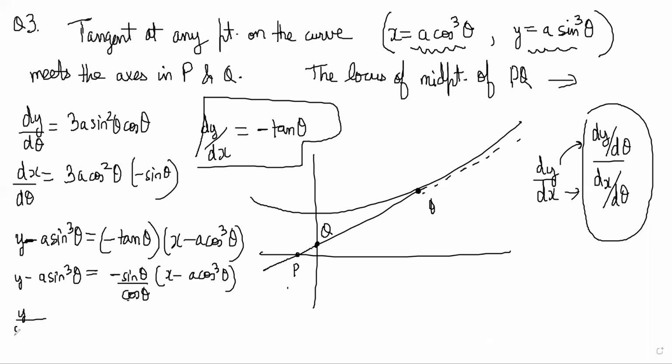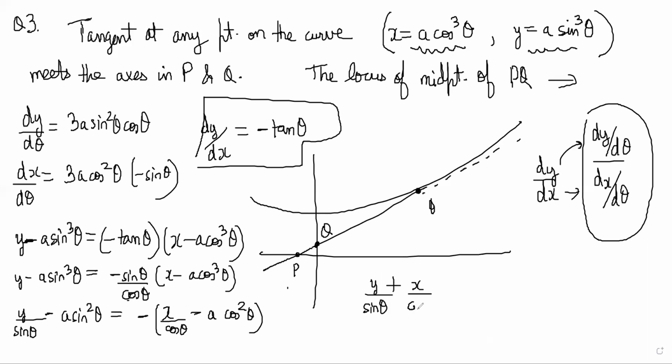You get y by sine theta minus a sine square theta is equal to minus x by cos theta plus a cos square theta, right? So this becomes y by sine theta plus x by cos theta is equal to a, because this goes to that side.